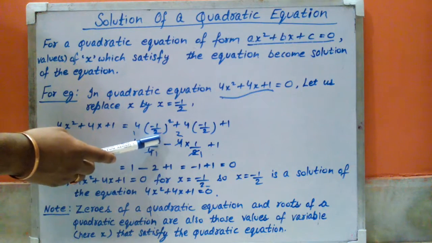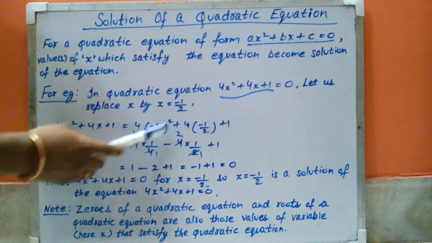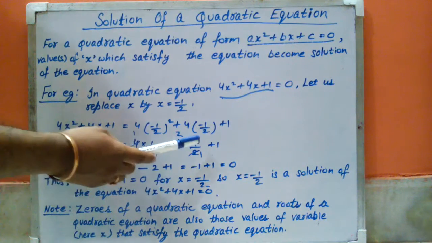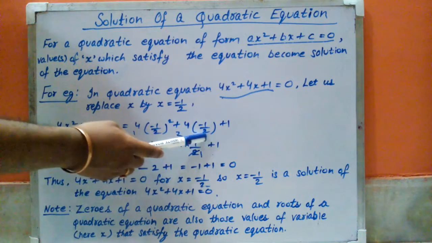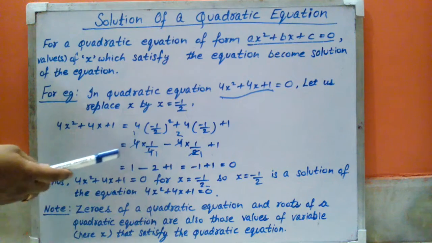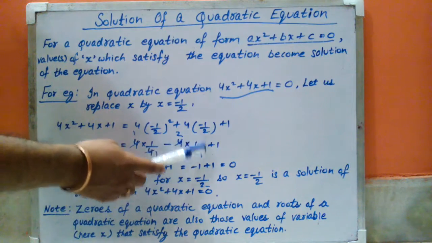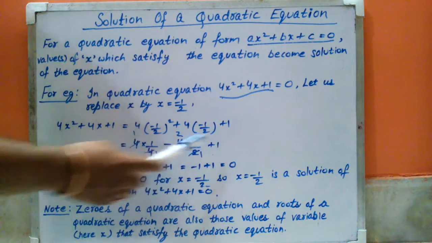On solving this bracket, we get 1 upon 4 because minus 1 square is 1 and 2 square is 4. On solving this part, we get minus 4 multiply 1 upon 2. So in this step we have 4 multiply 1 upon 4 minus 4 multiply 1 upon 2 plus 1.